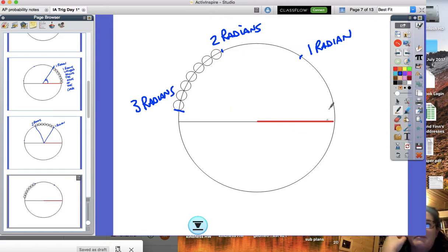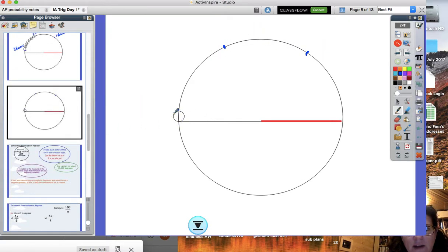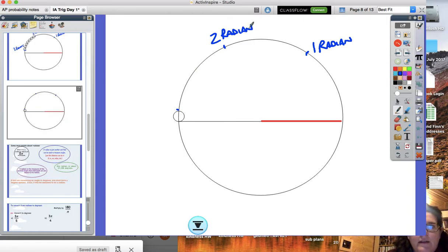And do you see how that gets me almost halfway around the circle? Almost. A little tiny bit left over. And that little tiny bit left over is 1 of those circles. So we would have found out that this is 1 of those Smarties. So again, here's 1 radian. Here's 2 radians. Here's 3 radians.